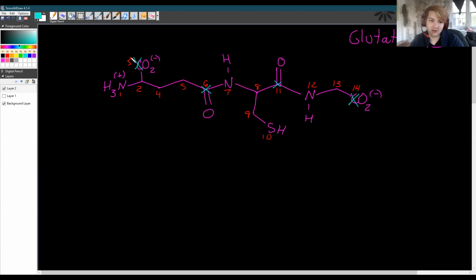Same with carbon 3. All right. So those are the ones that are not following the first rule. And then finally we can cross off position 4 because it doesn't have 4 unique groups. Same with 5 and 13 as well.